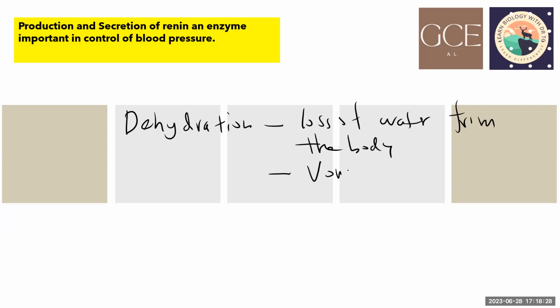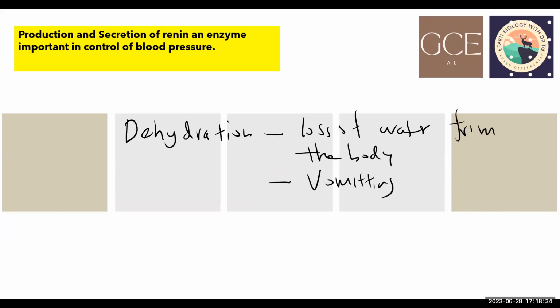One is vomiting. If we start to vomit due to disease or an acute, very poisonous condition, like food poisoning, people immediately start to vomit, and also have diarrhea. Vomiting and diarrhea is a common thing.